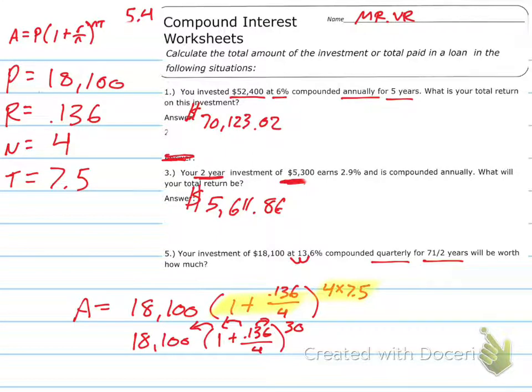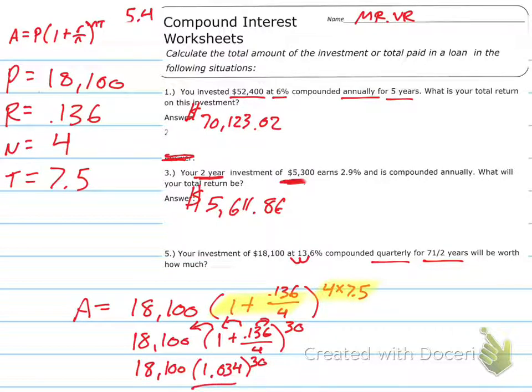I'm going to do 0.136. I'm going to divide that by 4, and I get 0.0034. Okay? So I could do 18,100. If I add that, that'd be 1.034 to the 30th power.